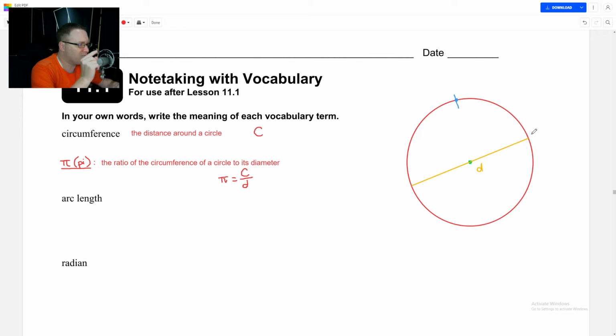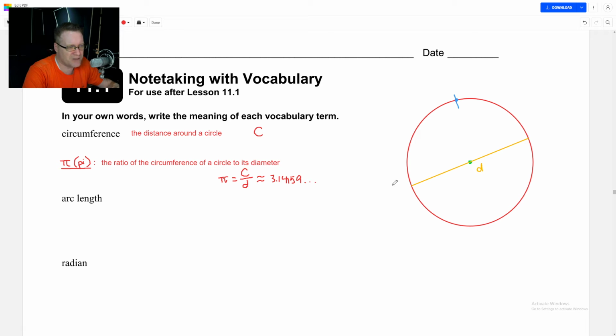They gave the name pi. And it equals about 3.14159, and then keeps going on forever and ever. There are infinite numbers of decimal places here.